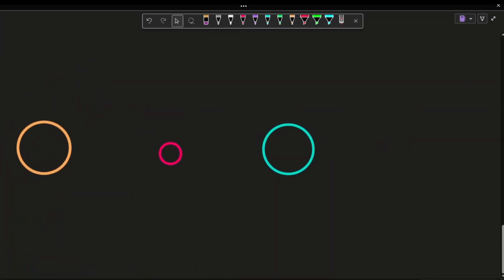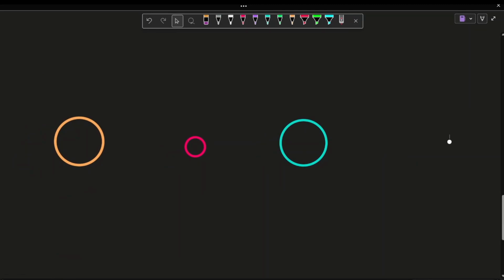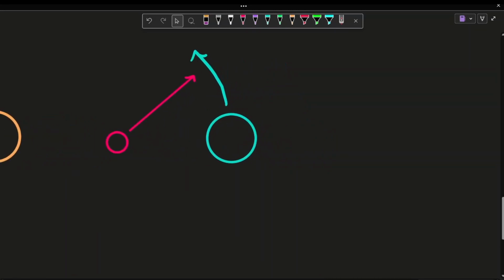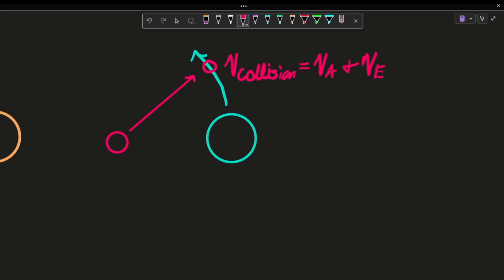Now, in the maximum dangerous situation, our Earth is doing its rotation, and at the same time, our asteroid is going to hit the Earth. So at this point, this collision velocity is the velocity of the asteroid plus the velocity of the Earth.